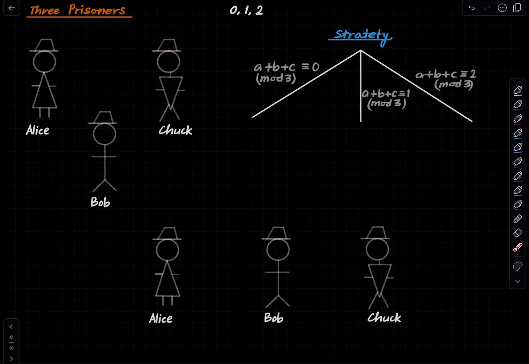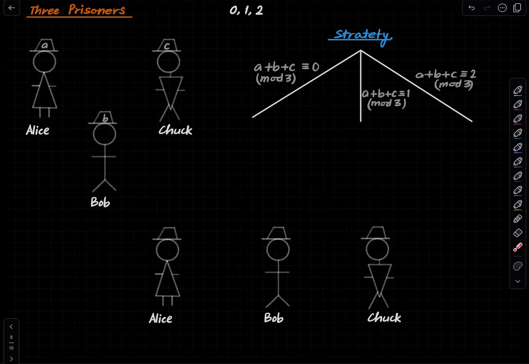So let me write A, B, and C on their heads, otherwise things may get confusing. So these are the colors of their hats. What is Alice seeing? Alice is seeing that B is there on Bob's head and C is there on Chuck's head.